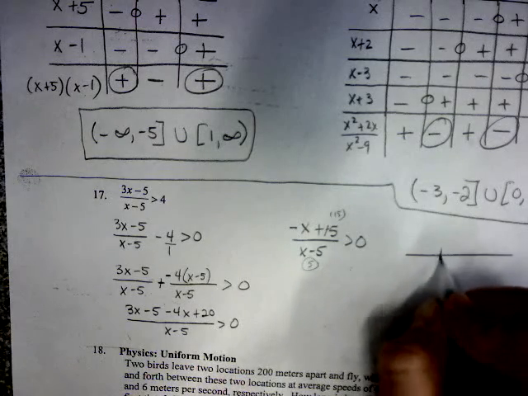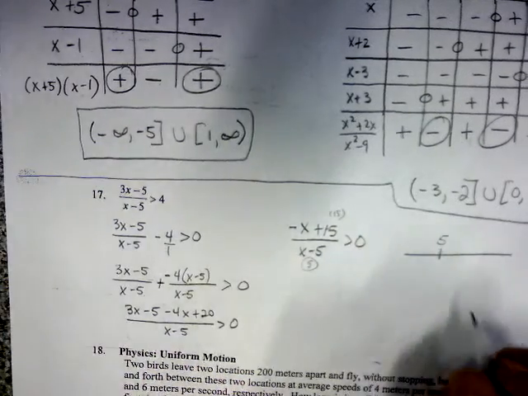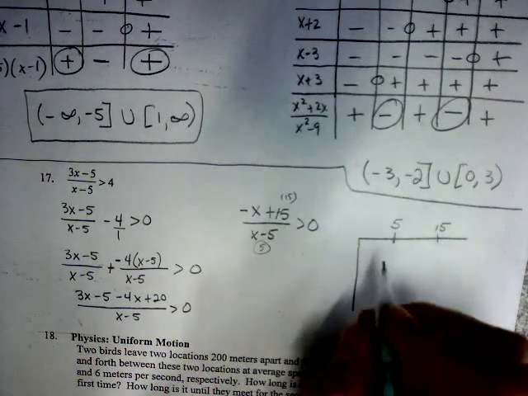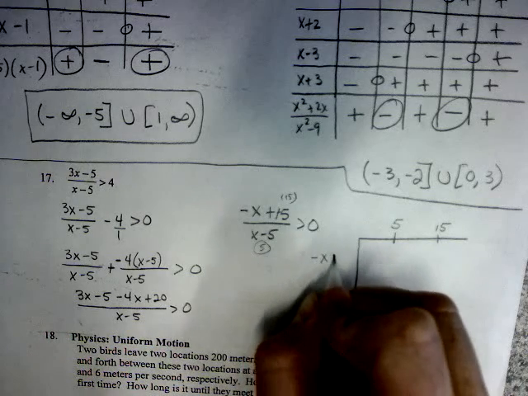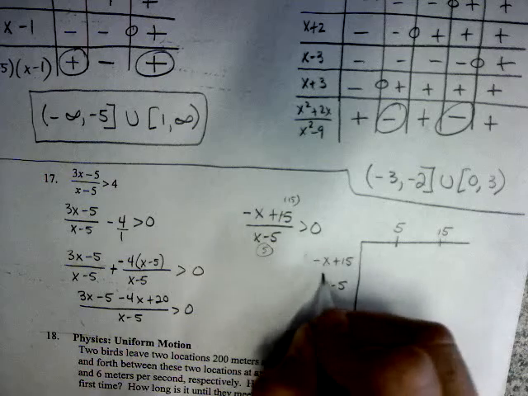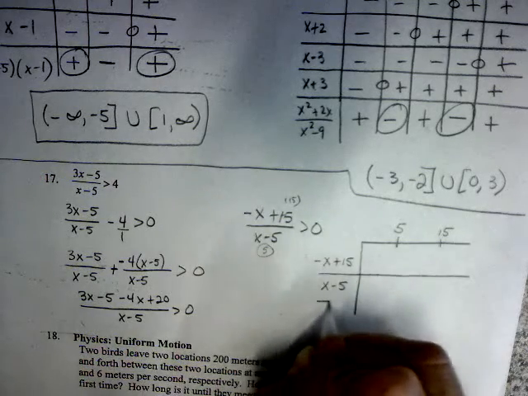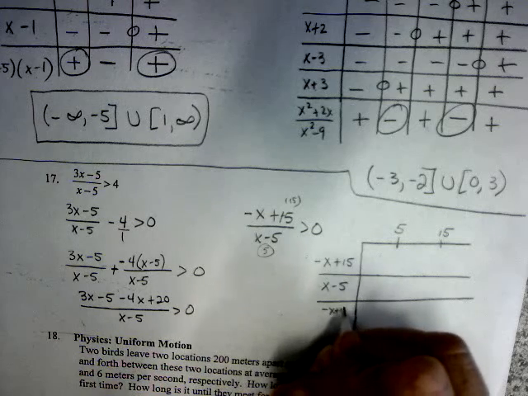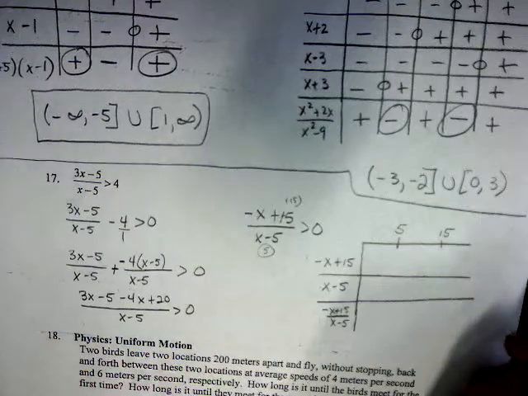I need to put these on a number line in order, so 5 and 15, and I need my two factors: negative x plus 15 and x minus 5, and then my whole expression, which is negative x plus 15 divided by x minus 5.